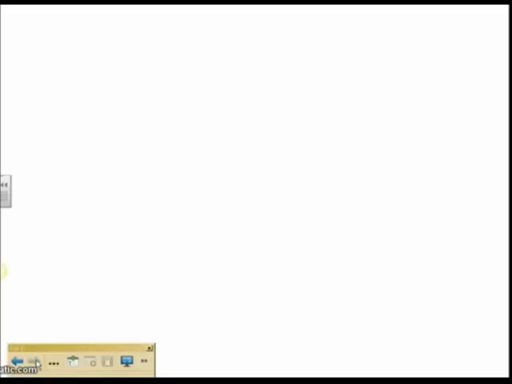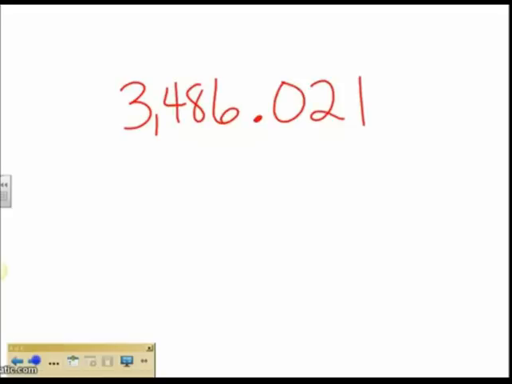So let's do one more example. Let's do 3,486 and 21 hundredths. If I were to read this number, I read the whole number first. My whole number is 3,486. I read the decimal as "and" and then I read this entire number at the end.